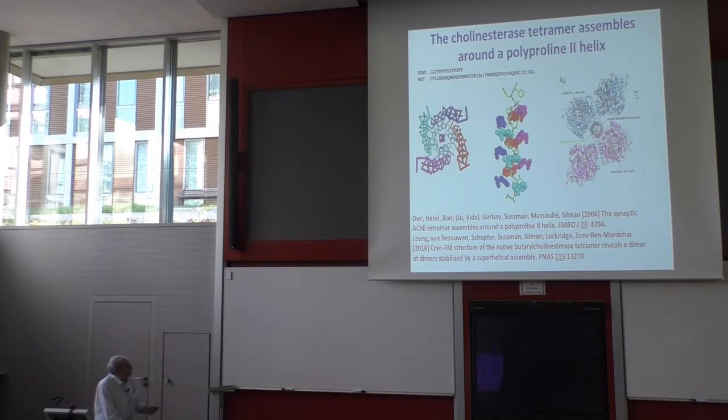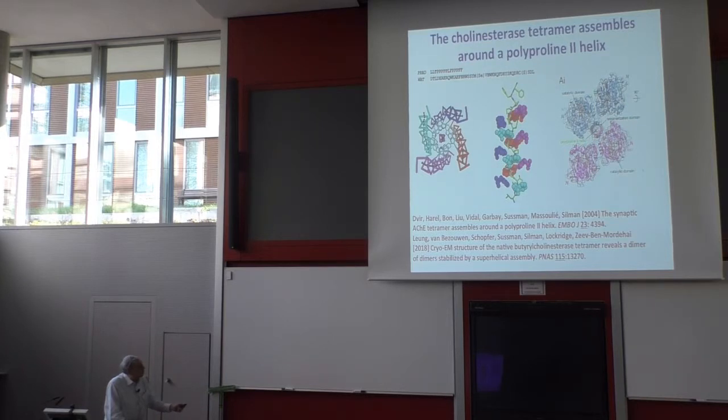And this is a model which we generated and published in 2004. And we are in the process of working on acetylcholinesterase now. But butyrylcholinesterase has this similar structural feature. And we, together with our former student Sevilla Silman, who is now at Utrecht, used cryo-EM to solve the structure of the butyrylcholinesterase tetramer.